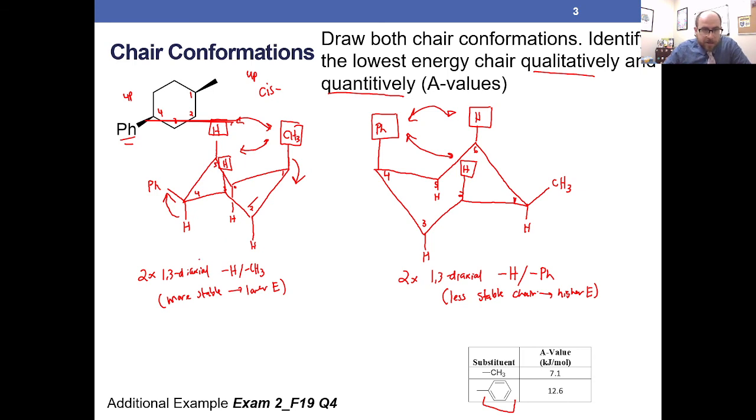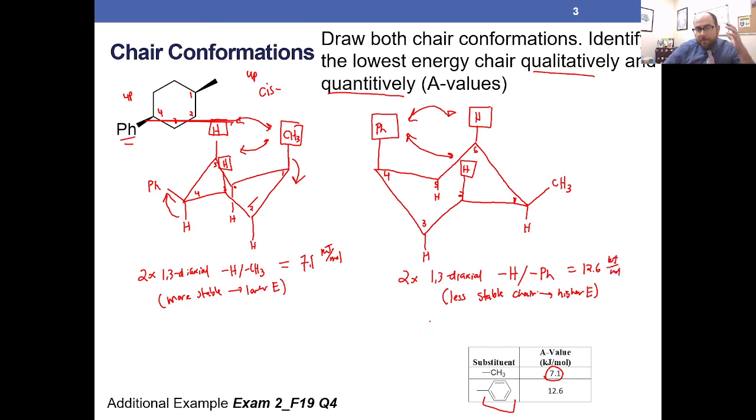So again, another way to think about this is the two 1,3 diaxial interactions between a hydrogen and a methyl are equivalent to 7.1 kilojoules per mole. And again, these A values will be provided for you. You don't need to memorize them. And two 1,3 diaxial interactions between a hydrogen and a phenyl corresponds to 12.6 kilojoules per mole.